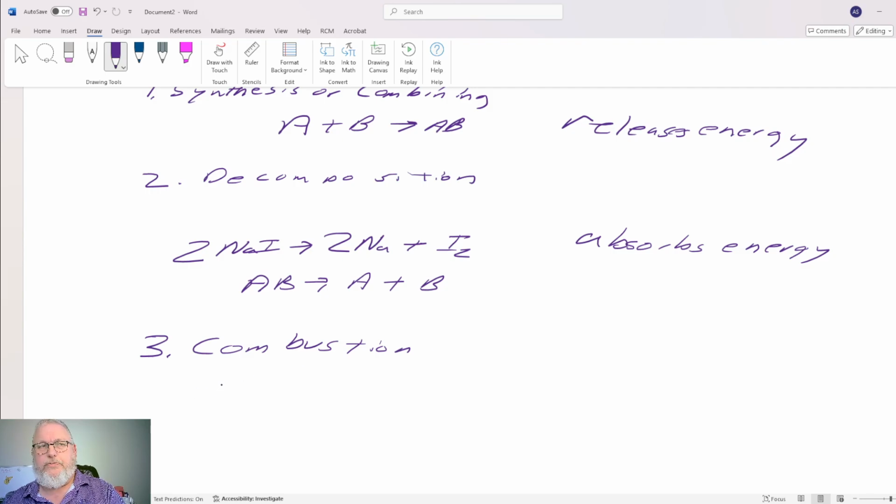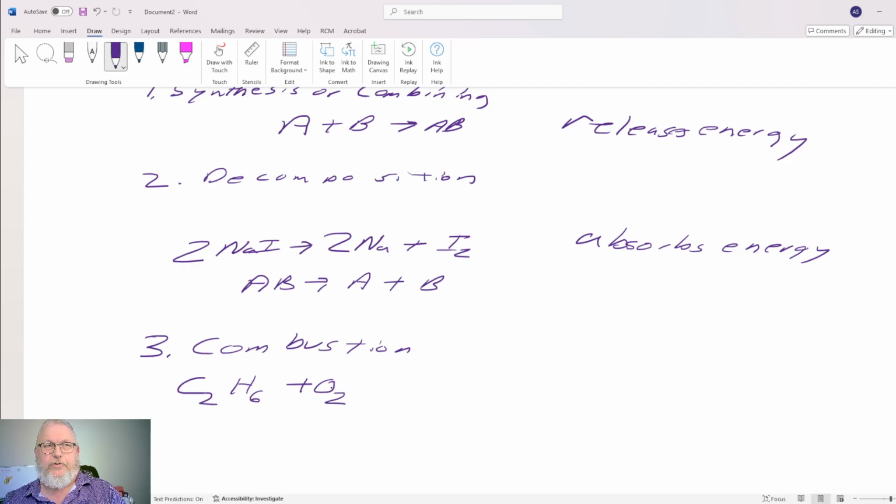So a combustion reaction, for the most part, what we're worried about has a hydrocarbon. I'll pick one. Let's say you got C2H6. How do I know that's a hydrocarbon? Well, you got carbon and hydrogen. That's a hydrocarbon. All right. One of the reactants in any combustion reaction will always be oxygen.